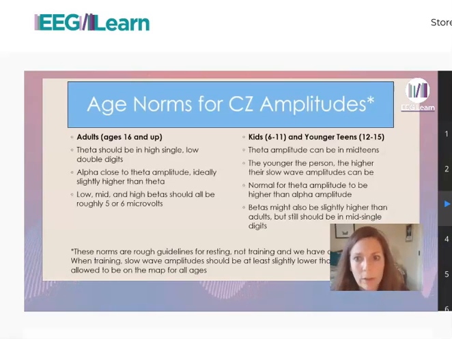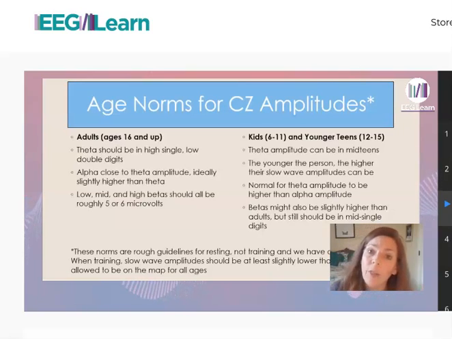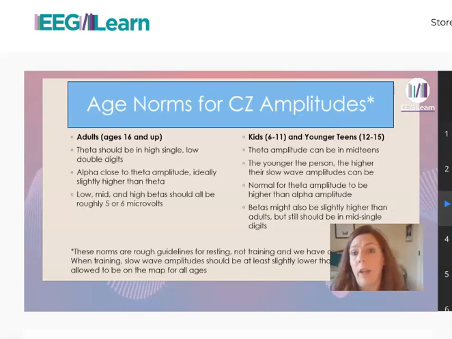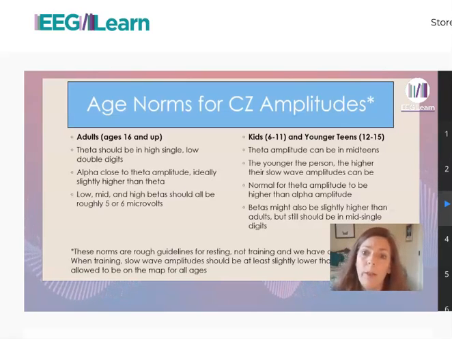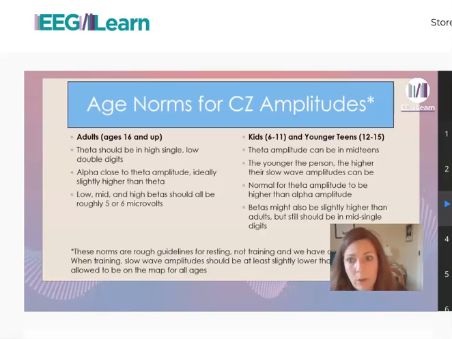Anything 10 hertz and below is considered slow wave activity. So of course, again, 6 to 11 years old is a broad range of development there. So the younger the kid, the higher their theta amplitude is allowed to be. And for kids and younger teens, it's normal for their theta amplitude to be higher than their alpha amplitude.